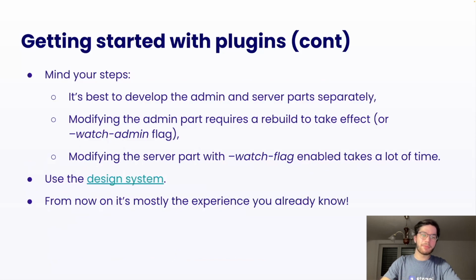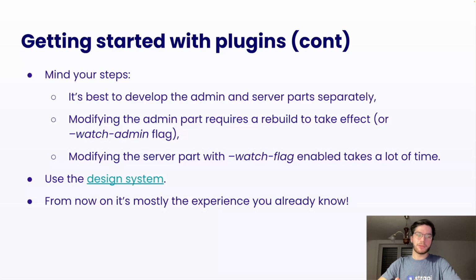Then you should always mind your steps. Basically, I would recommend that you always implement the two parts, the admin and the server part, separately. This is because when you are implementing the admin part, you always need to rebuild the whole front end in between your changes.